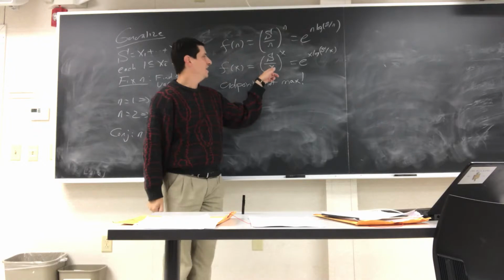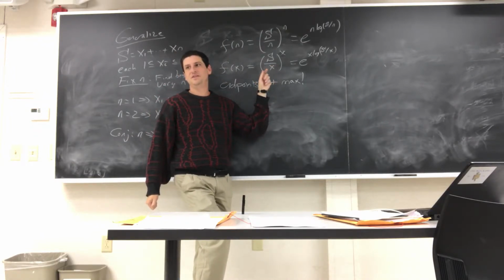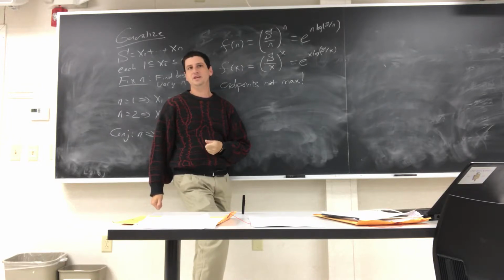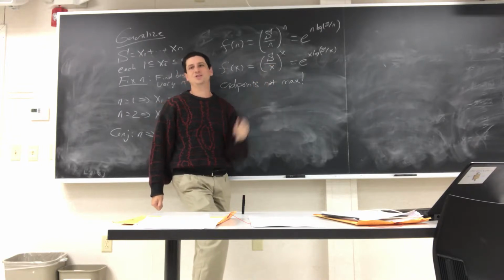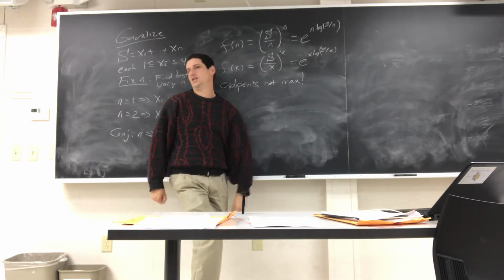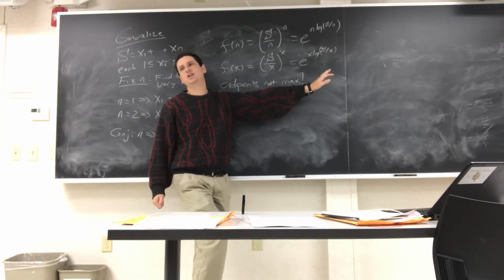If you take x equals s, you get a product of 1. And if you take x equals 1, you get a product of s. So the endpoints clearly are not going to be the winners.